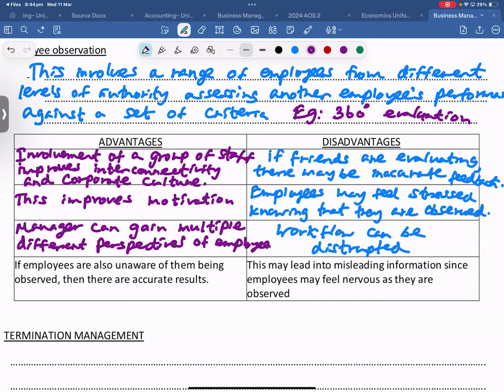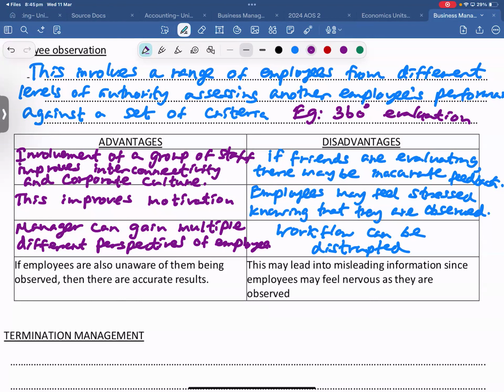Okay. All right. So employee observation can happen at different levels. Not just other employees observing. That means your supervisor or manager is observing you.